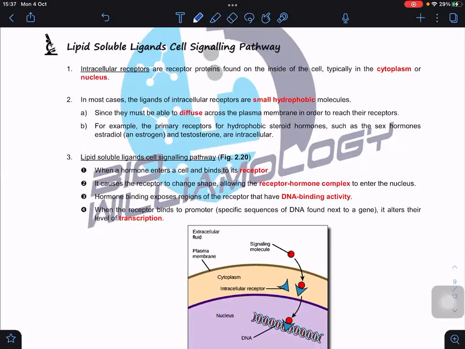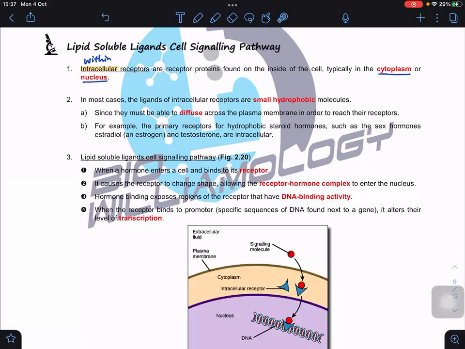For lipid soluble ligands, because they are lipid soluble, they can diffuse across the phospholipid bilayer. So intracellular receptors are receptor proteins found inside the cell. Intra means within, so they are found inside the cells, typically in the cytoplasm or nucleus.